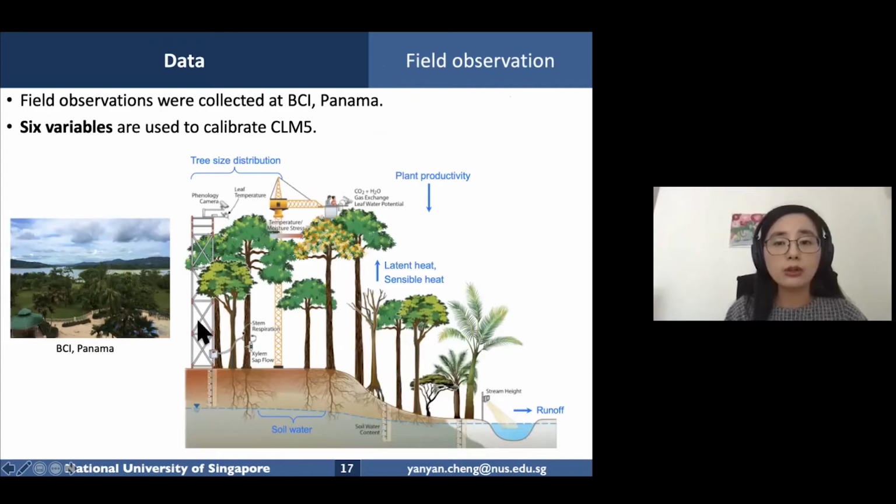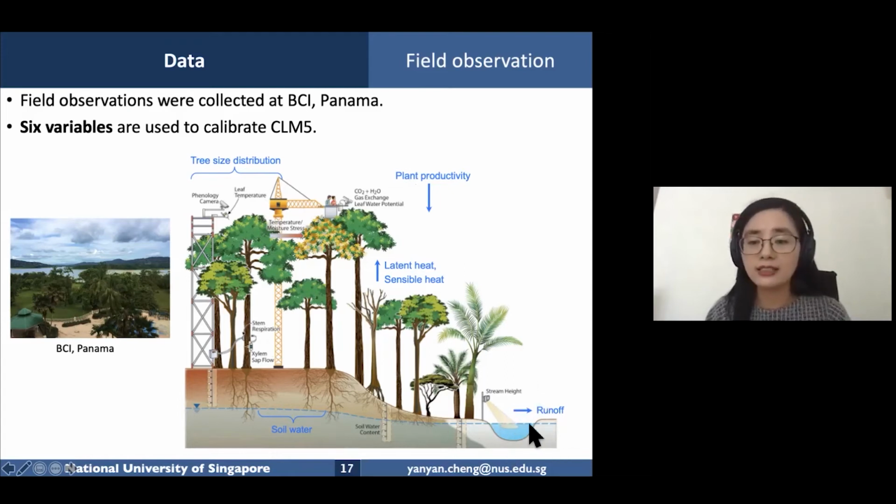They all correspond to the growth of the vegetation and also the water cycle, including the tree size distribution, which means how many trees fall in a certain size group, and also the plant productivity, the energy budget, and the soil water. These variables are collected by a flux tower that has been installed in Panama.